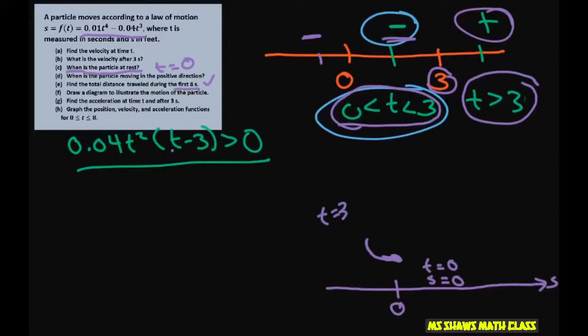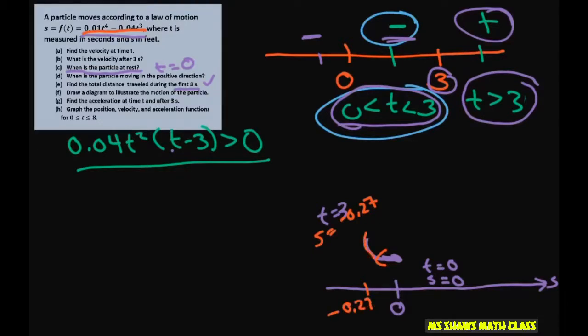Between 0 and 3, it's going negative. So plug in 3 into this equation, and you get s equals negative 0.27. So right here is negative 0.27.